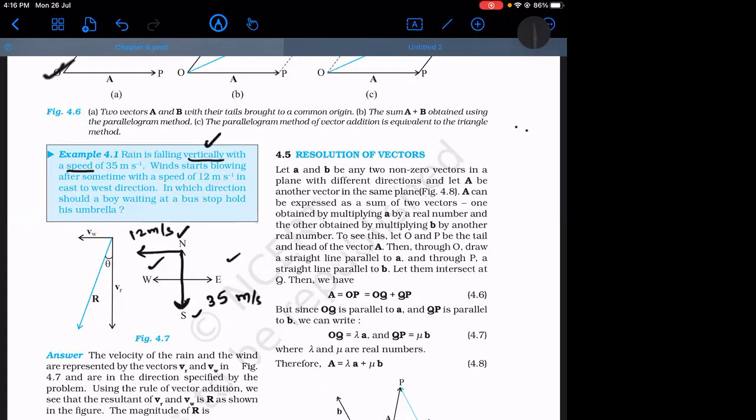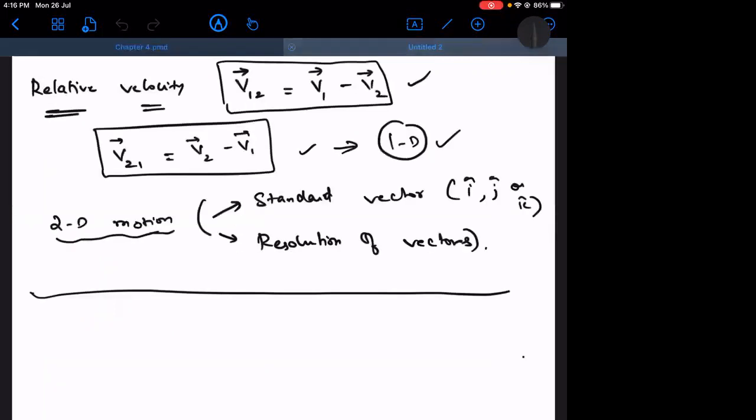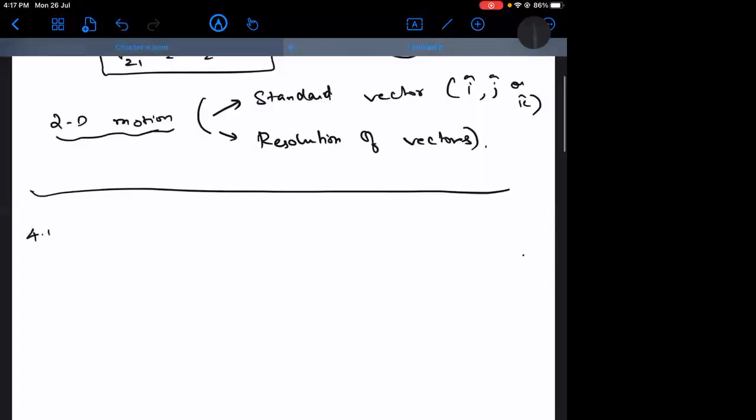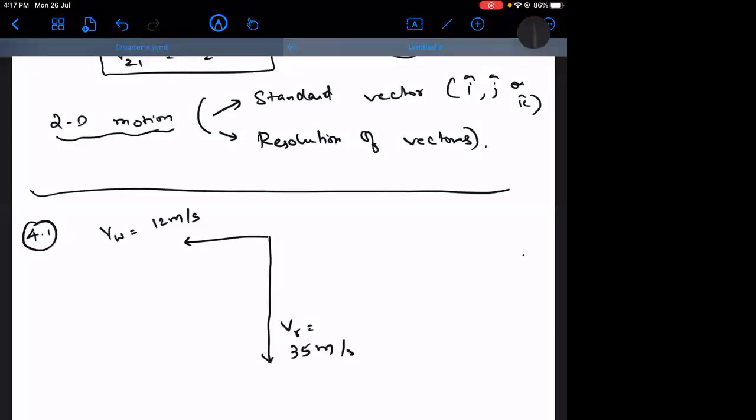Okay. So if I take the same diagram and draw it, example 4.1. So rain is falling in this direction, 35 meter per second. And wind is in this direction, that is 12 meter per second. So there's velocity of rain, velocity of wind.